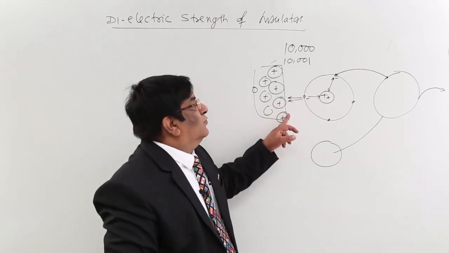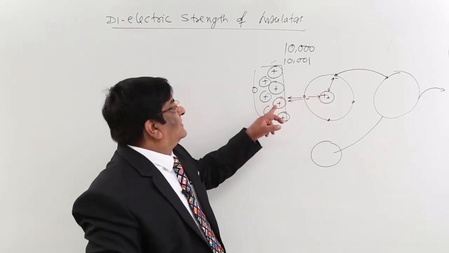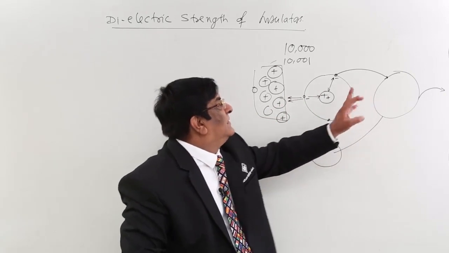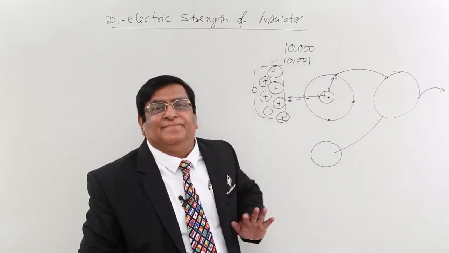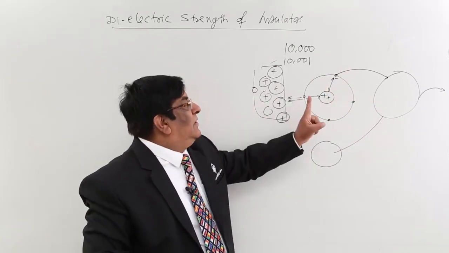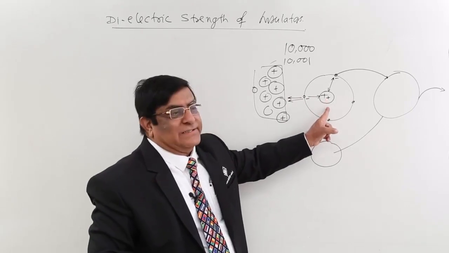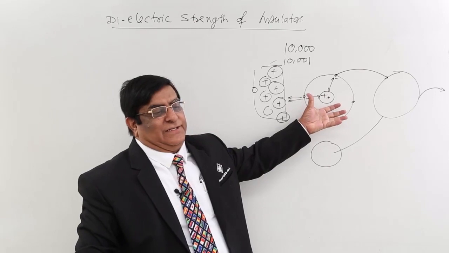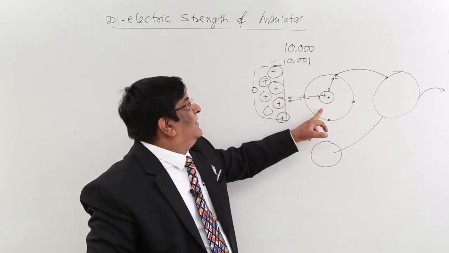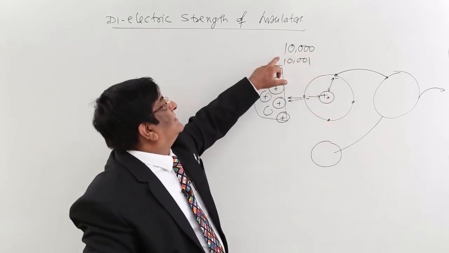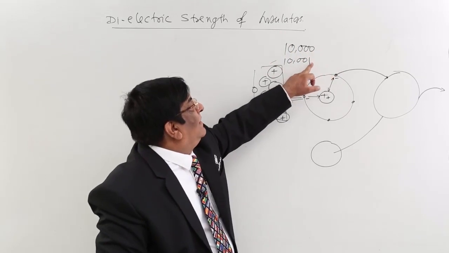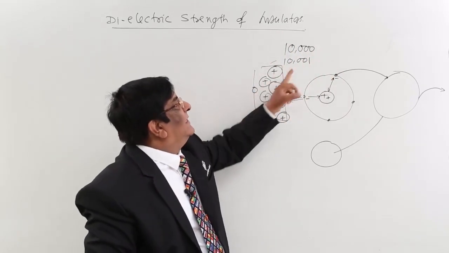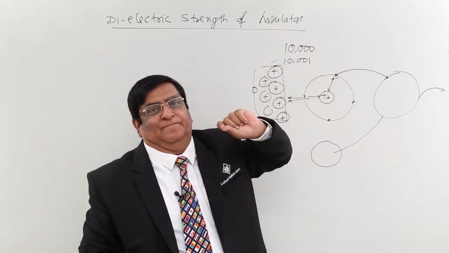The moment it moves, it goes to the next, and the next, and it becomes a conductor. Now we can ask whether it is an insulator or a conductor. We will say that up to this much force it was an insulator, but when we apply this much force on it, it has become a conductor.